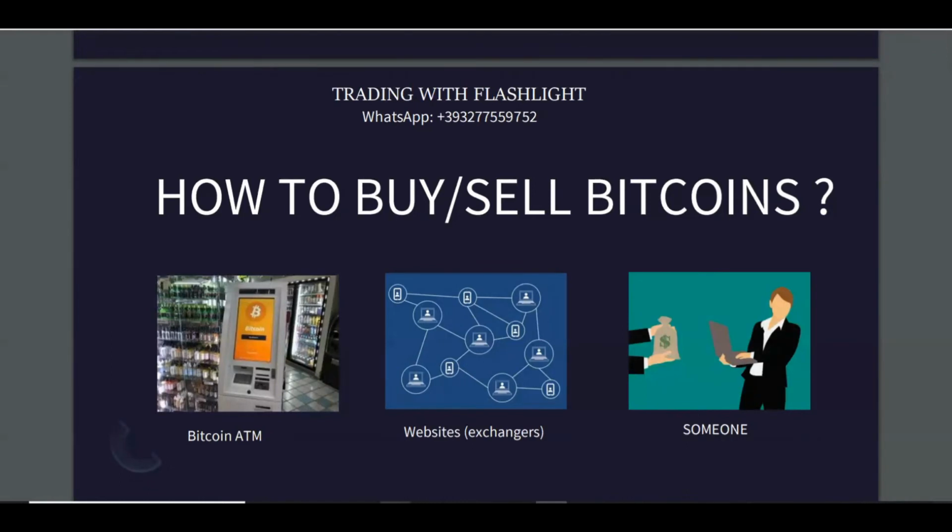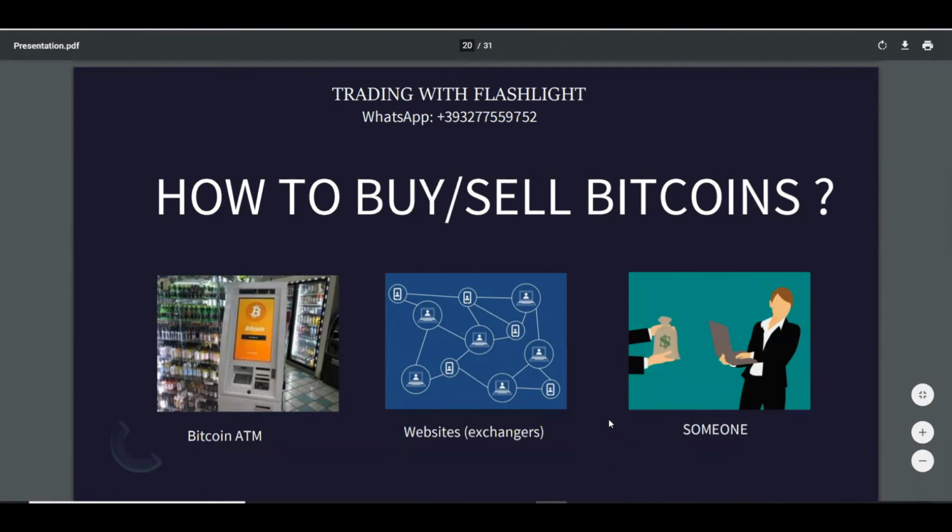Let's take, for example, I have Bitcoins and you need Bitcoins. You give me the money and I send you my Bitcoins. If you have a friend or a family member that has Bitcoin and is willing to sell it, you can buy it from them. So what is the difference between all these three ways of selling and buying Bitcoins?